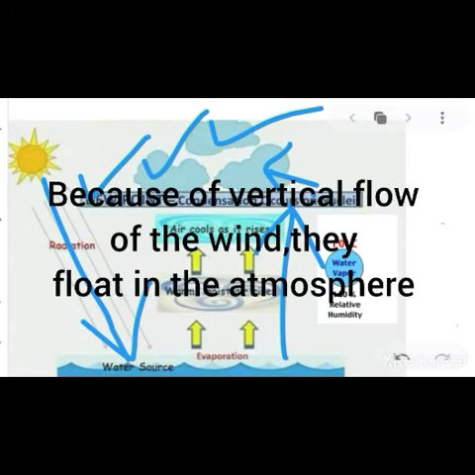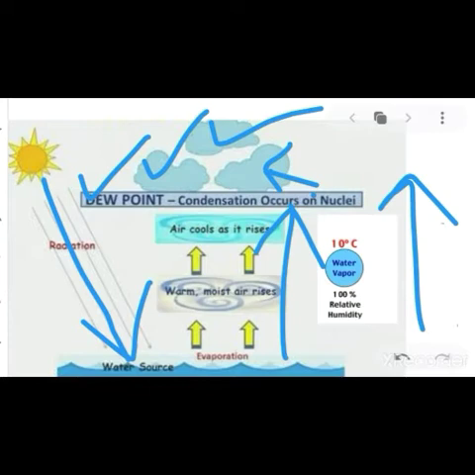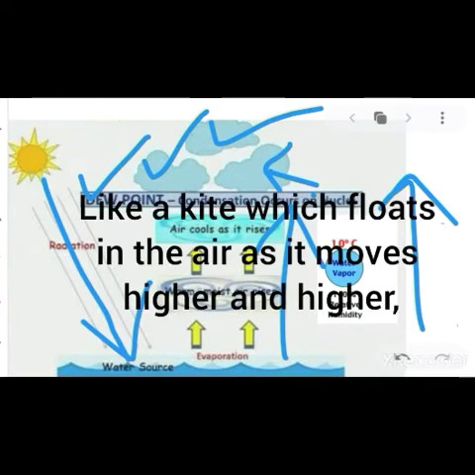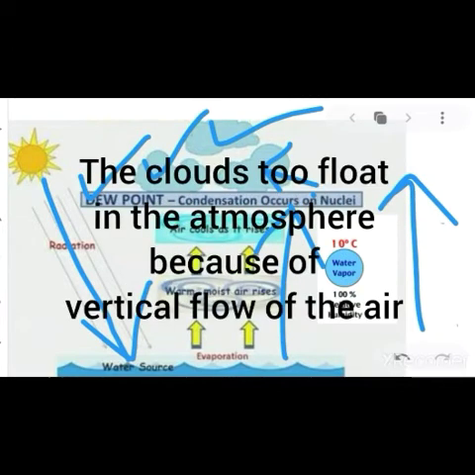Because of a vertical flow of the wind, they float in the atmosphere like a kite which floats in the air. As it moves higher and higher, the clouds too float in the atmosphere because of the vertical flow of the air.